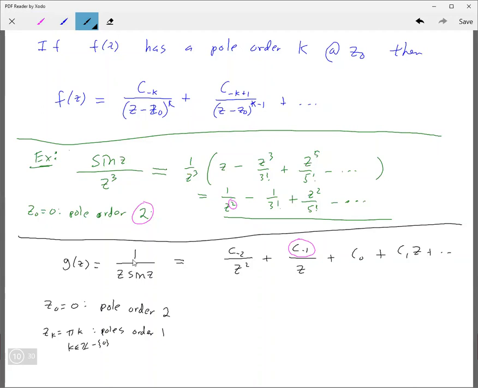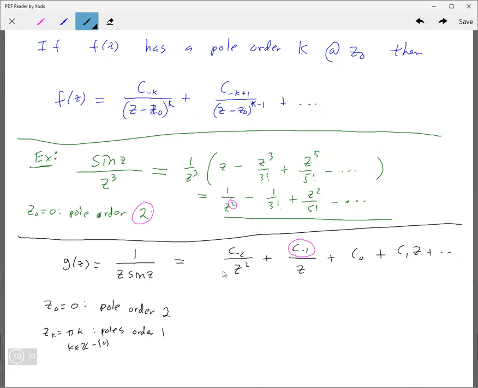Knowing that it's a pole of order 2 at 0 is useful information, because you know that the Laurent series is going to start with this term here and go on up. So how would you find this one, this C minus 2?